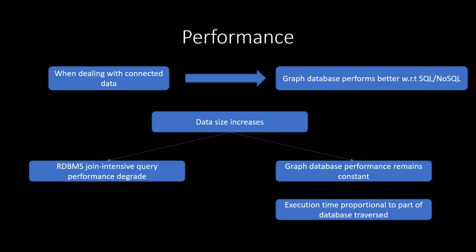As the data size increases, the performance of RDBMS-based join queries degrades significantly because of the multiple disk hops required for answering the queries. On the other hand, graph database performance remains constant because the connected data are stored together, which leads to faster query performance.